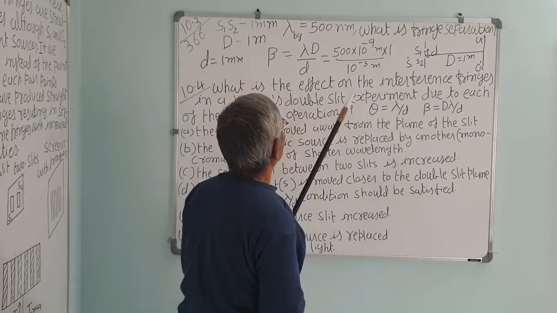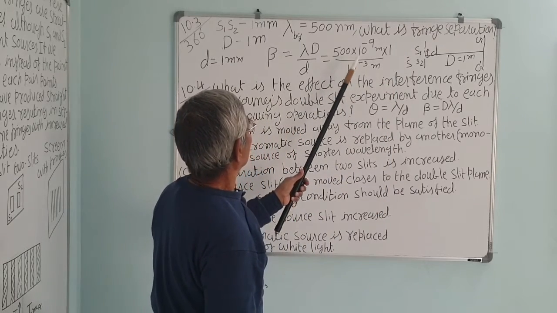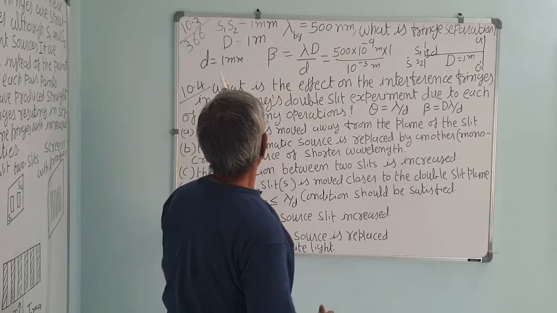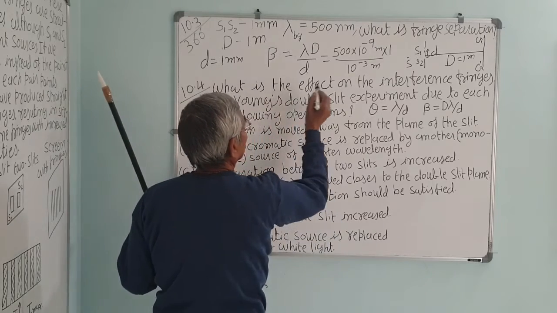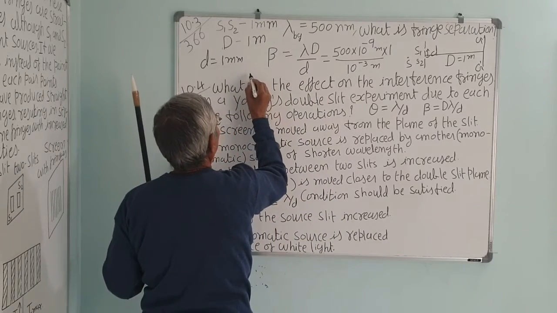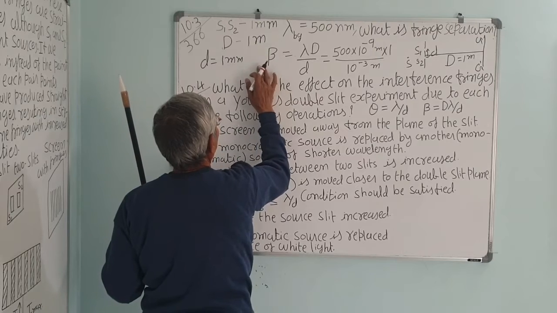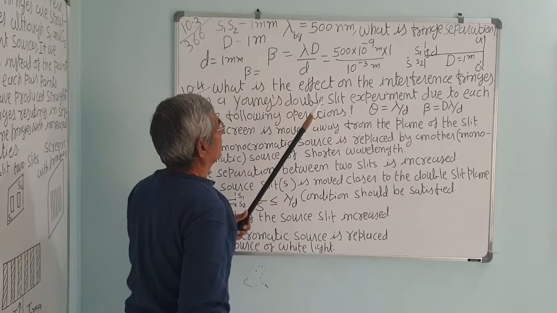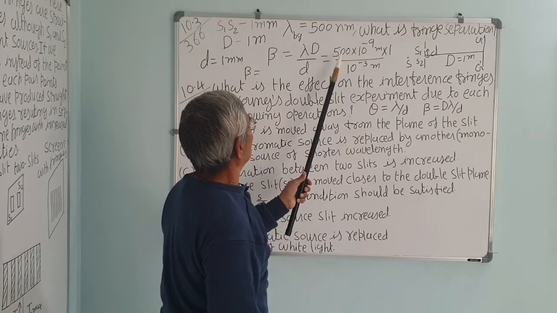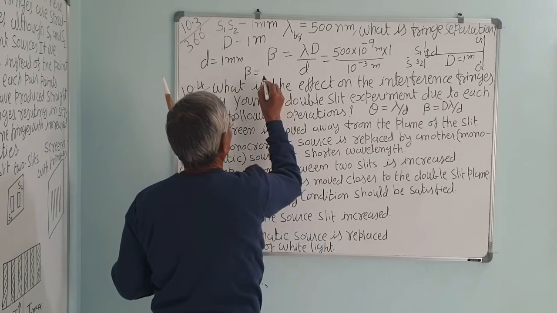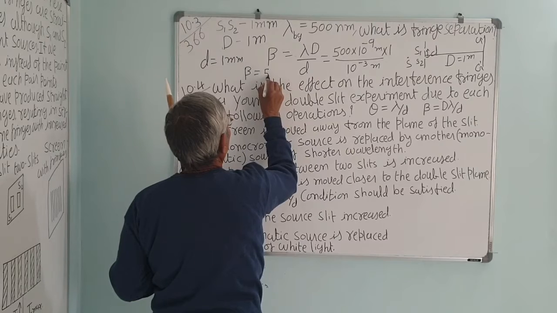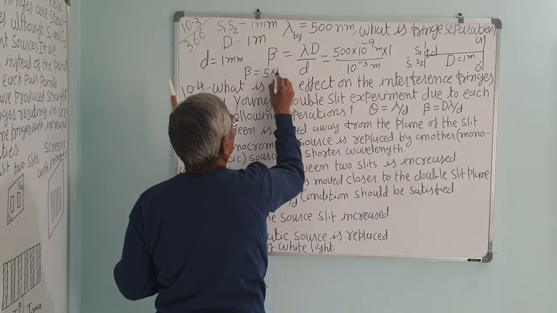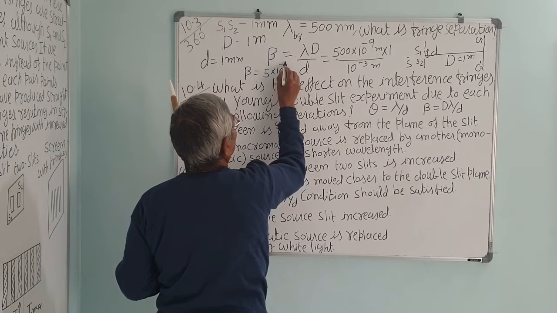You can calculate it: 10 raised to minus 9 and minus 3 gives minus 6 in the denominator, and with the 500 the answer will be beta is equal to 5 into 10 raised to minus 4 meter.